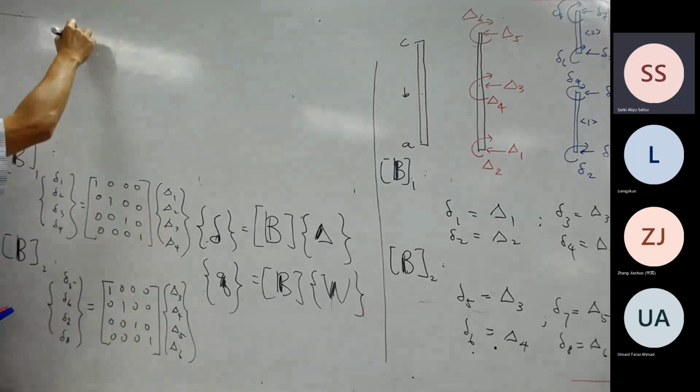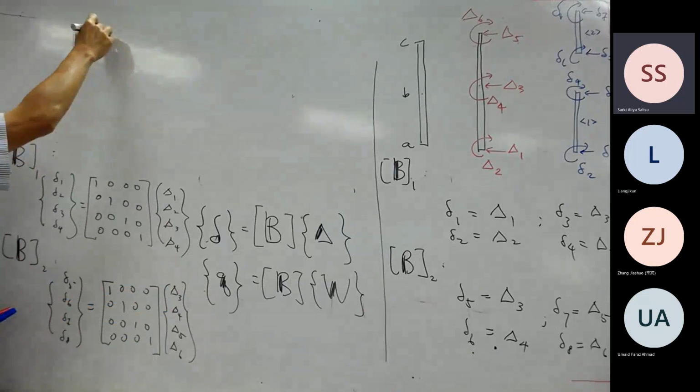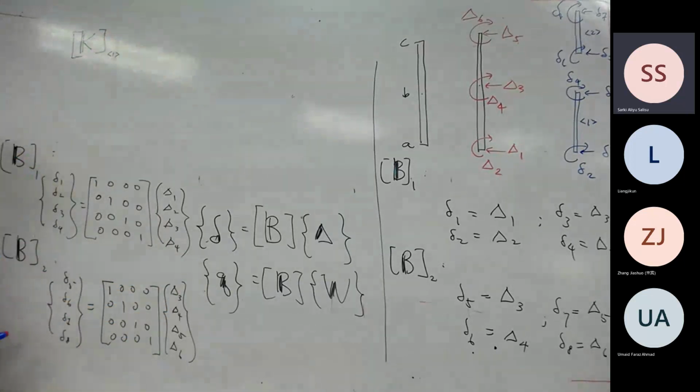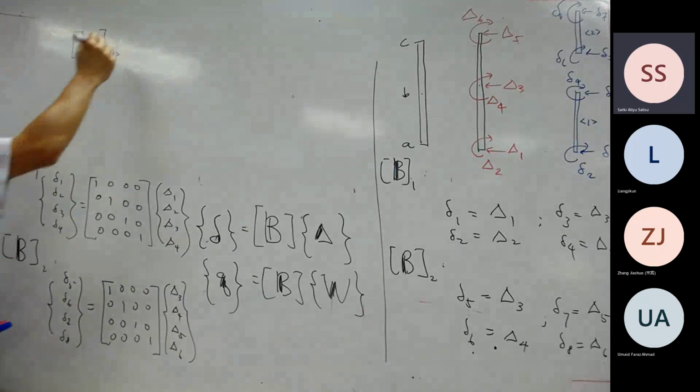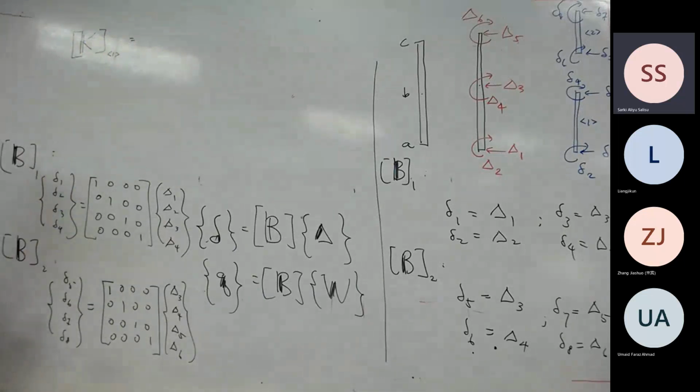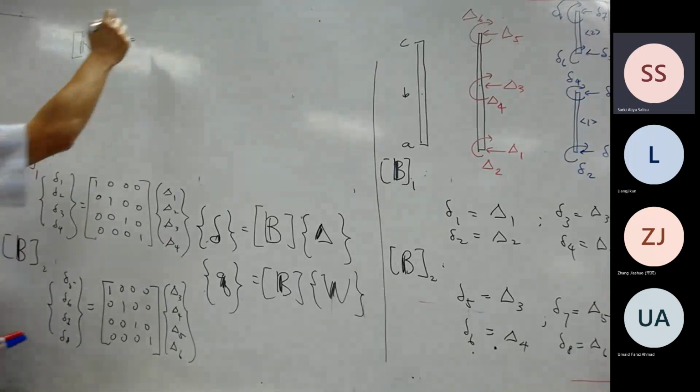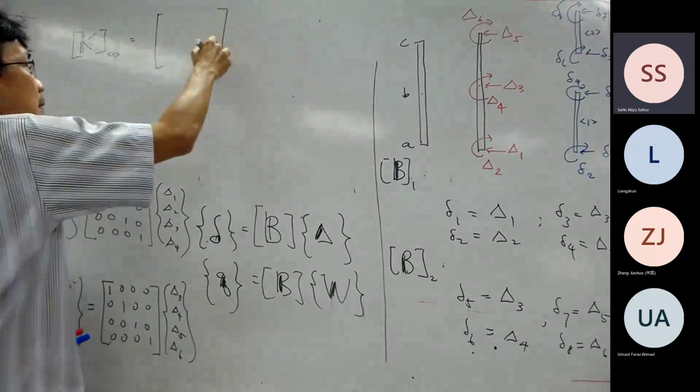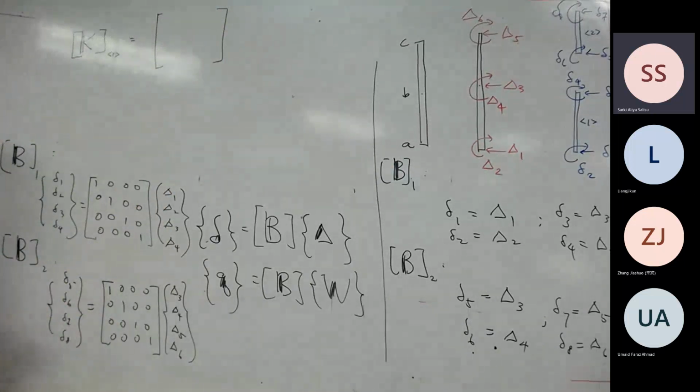So for element 1 at the global level, when you change it by multiplying with B transpose, small k and B, you get your matrix, which is already changed to refer to the global system.